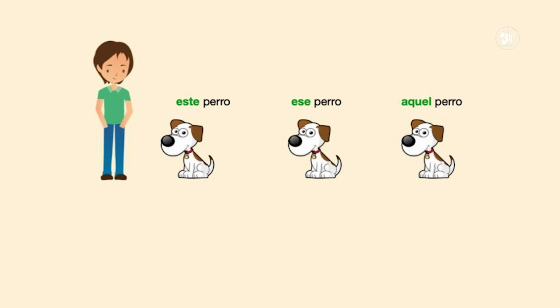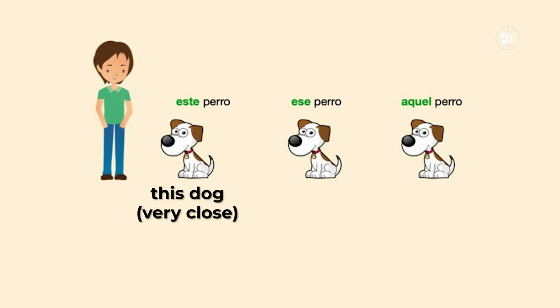So the boy that is standing, if he says, este perro, he is referring to this dog. Este is used for short distance. Este perro.